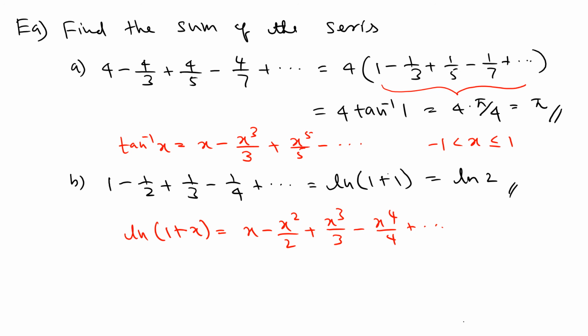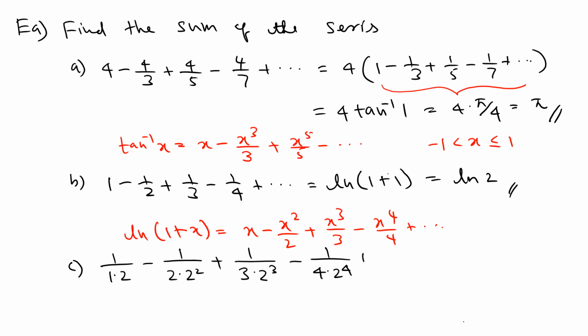So let's look at one more example. How about this? Number C: 1 over 1 times 2, minus 1 over 2 times 2 squared, plus 1 over 3 times 2 cubed, and then minus 1 over 4 times 2 to the fourth, like that.